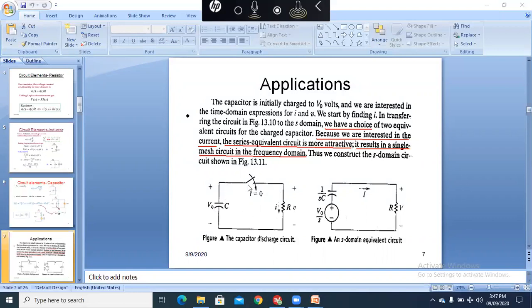When it is discharged, the current I will pass through this resistor and the voltage V will appear across it. So when we have the initial voltage, we replace it with a series voltage source with the capacitance 1/sC in the Laplace domain. So we have the current I(s) passing through this resistor, right? And the voltage V appears across it.